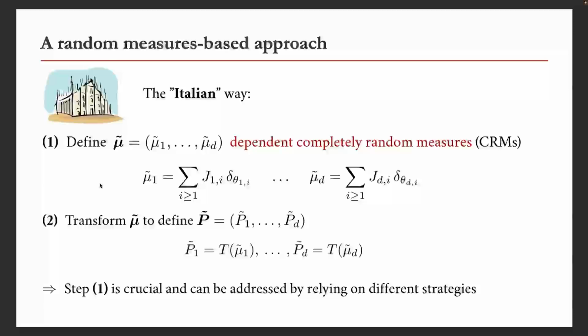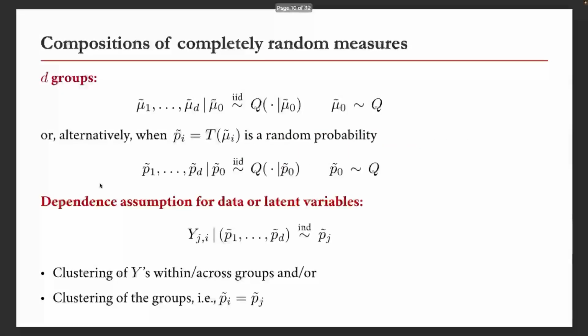Here I'm considering, for a start, the case where the covariate has finitely many values, but you can extend it also beyond this case. Now, the crucial step here is where you build dependence. So how do I define vector objects that component-wise are completely random measures and have some dependence?